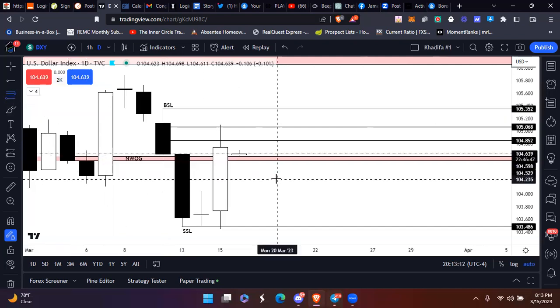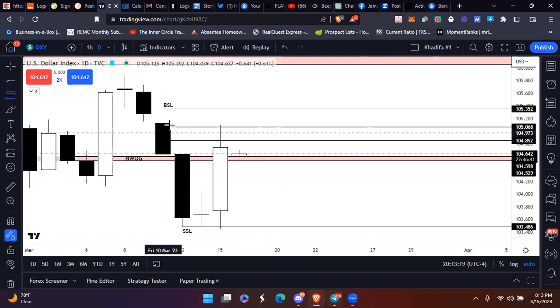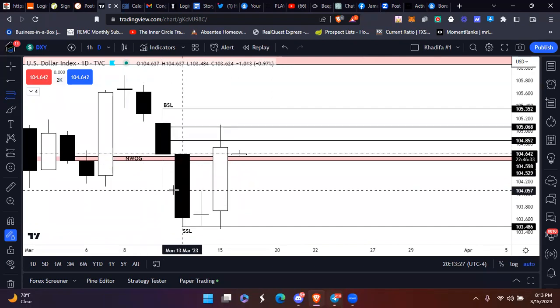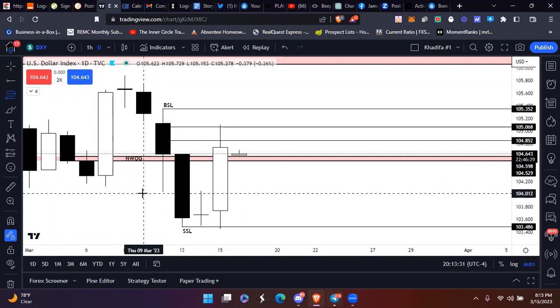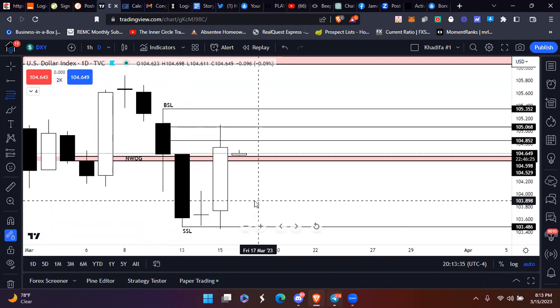So now that we got that out of the way, going back to Monday night, I told you guys that we had ran Friday's sell side liquidity, which would be this low here from Friday's daily candle. We ran that Monday. So I told you guys for Tuesday we was gonna be looking for one of two things.